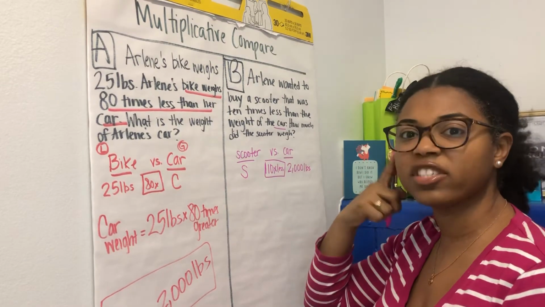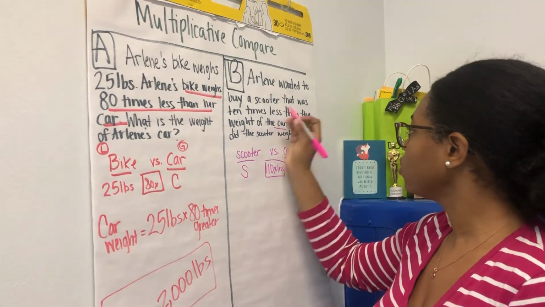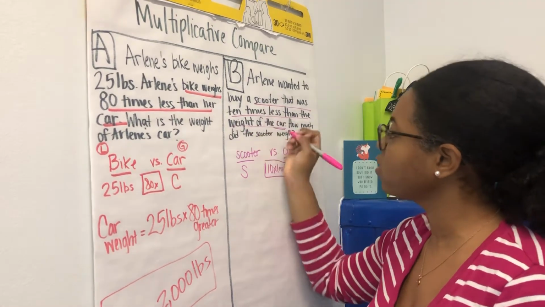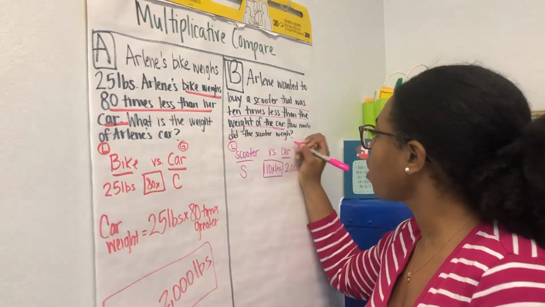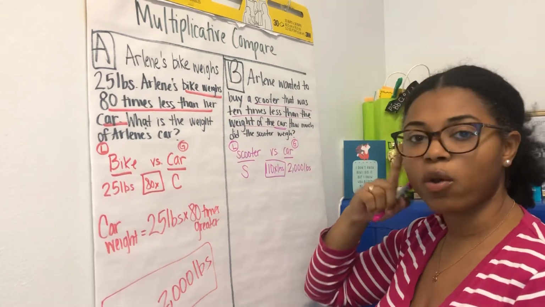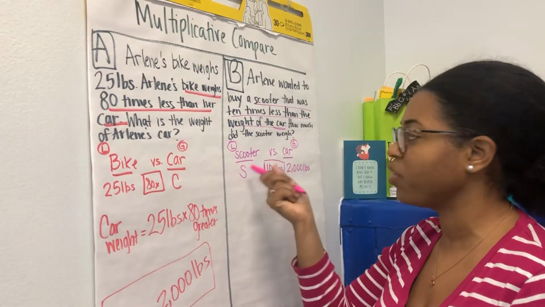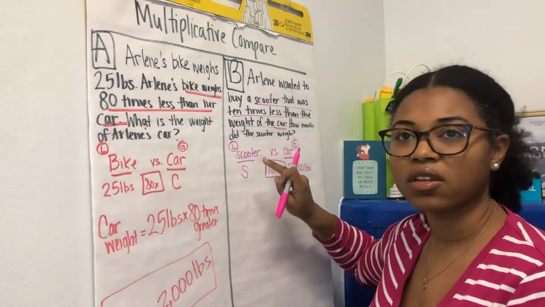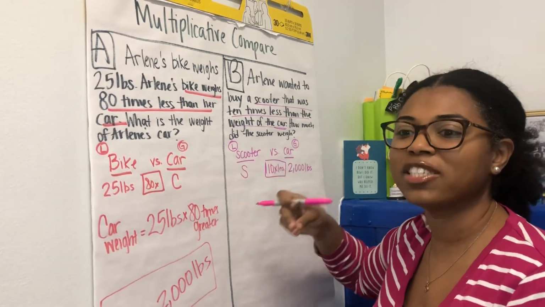Let me think. Which one's the greater? Which one's the lesser? So it says the scooter is 10 times less than the car. So that means the scooter is the lesser, the car is the greater. Let me think. What operation makes sense to figure out this unknown? So if it's times less and I'm trying to find a smaller number, that means I must divide.